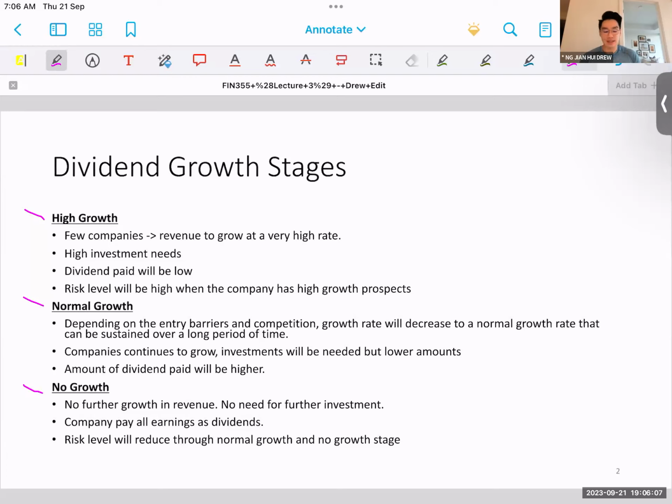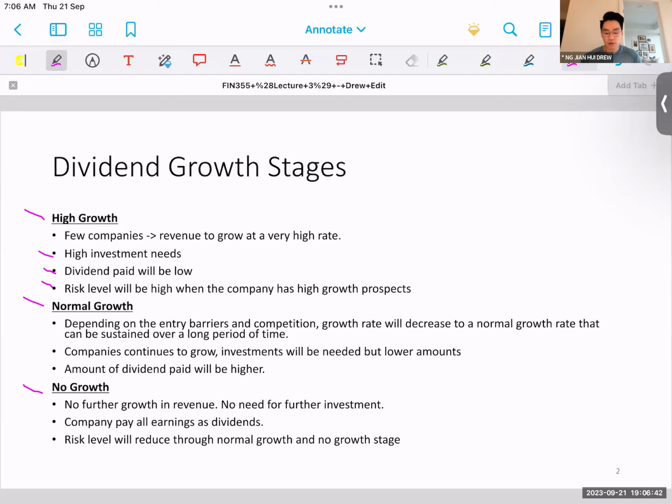Revenue is growing very fast, but because it's a startup, they need a lot of investment, so most of the time they pay very low dividends or no dividends. In terms of risk, it is high, with possible closure if the business model doesn't work. That's a high growth company.